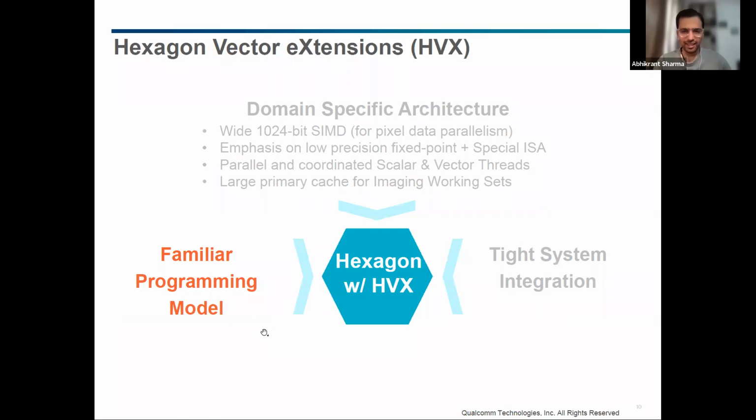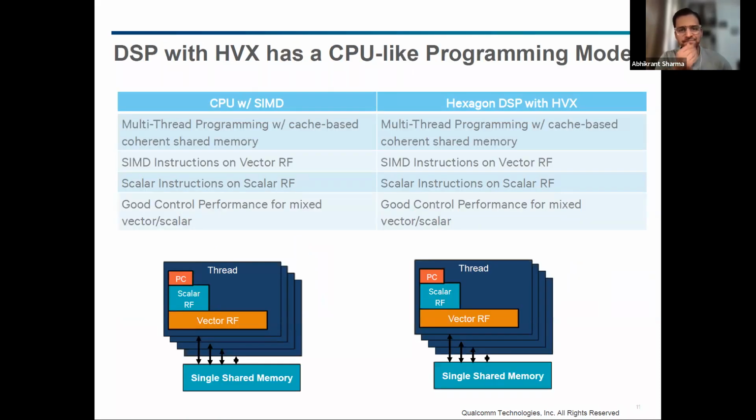So we'll cover the programming model that the DSP has to offer, and mainly HVX. Although the DSP specializes in performing math operations, it also has some CPU-like programming features and a CPU-like programming model as well.